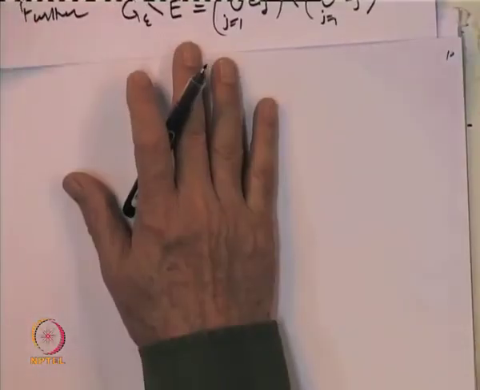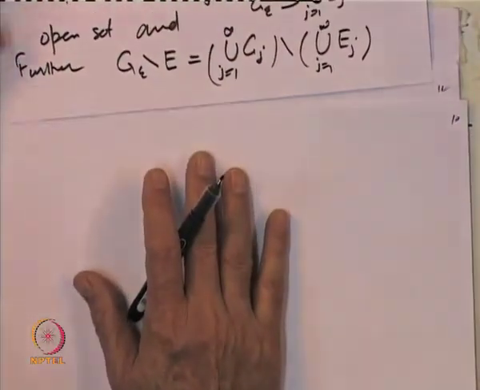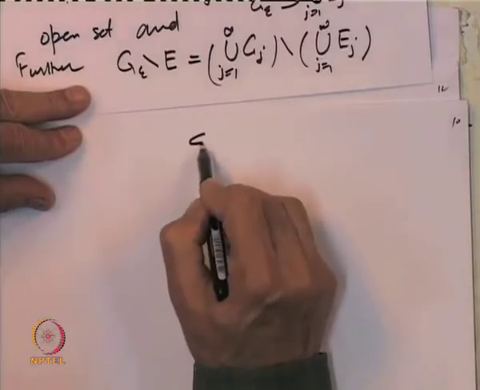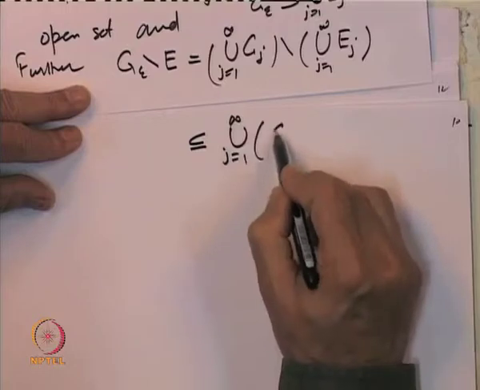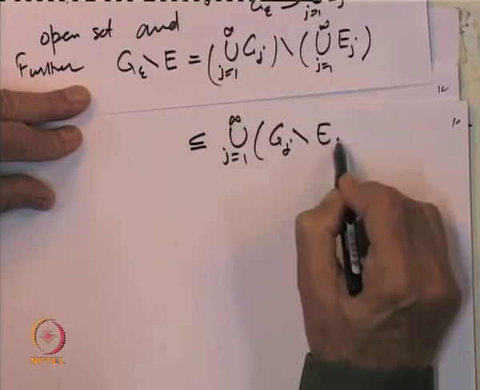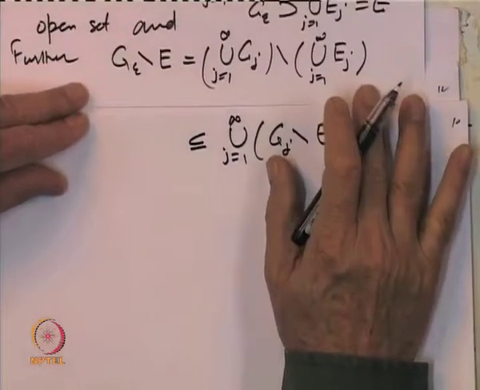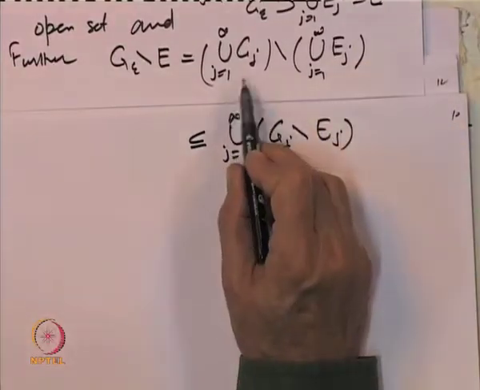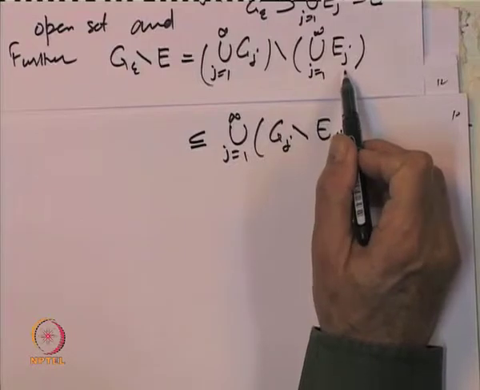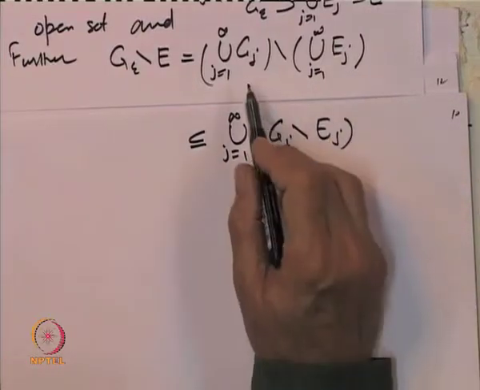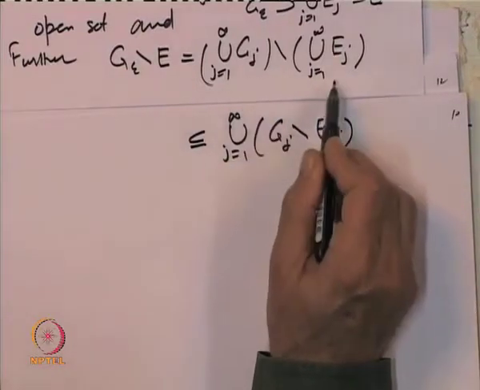And now, it is a simple set theoretic property, namely that the union of G j's minus the union of E j's is a subset of the union over j equal to 1 to infinity of G j minus E j.